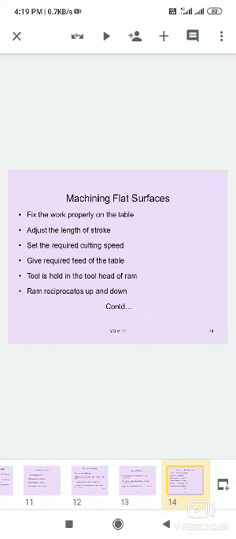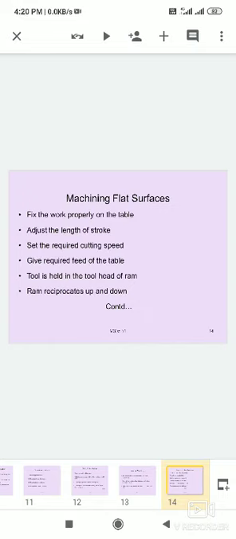What is meant by feed? The feed in slotting is the relative movement of the work in a direction perpendicular to the cutting motion per double stroke.